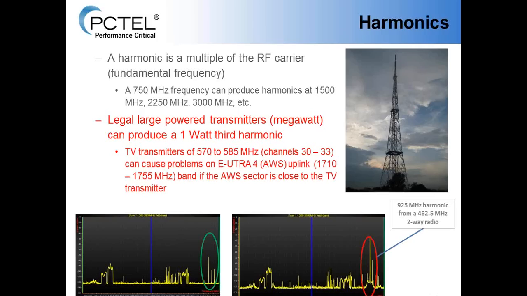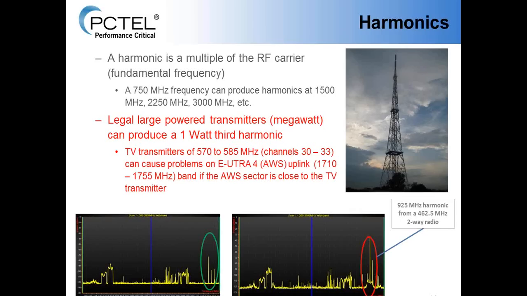For example, if I have one of these old UHF channels operating at 570 to 585 megahertz, channels 30 to 33, that could cause problems on the uplink in the AWS band, the 1700 to 1755 megahertz band, if you're very close to that TV transmitter. This can be as large as a watt, which would be the third harmonic operating in here.